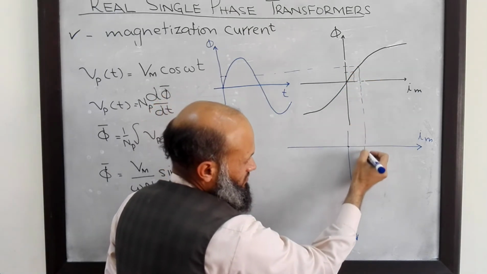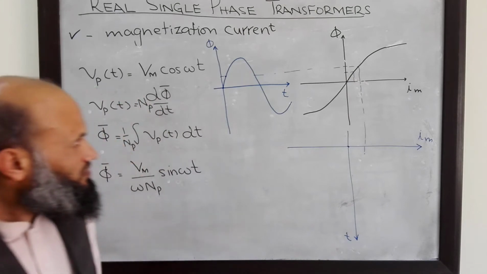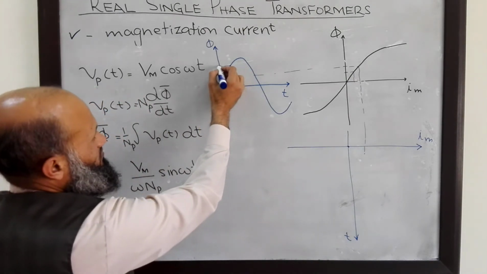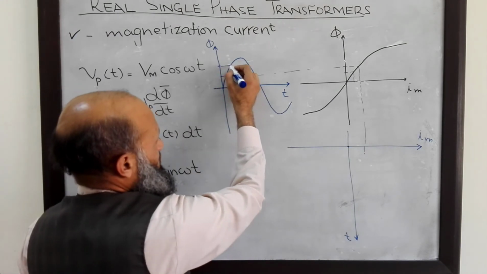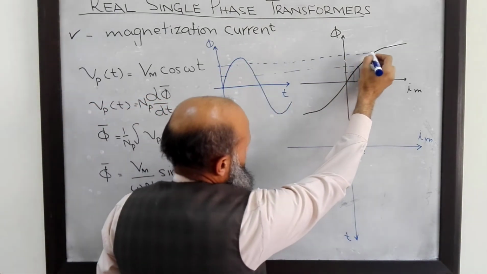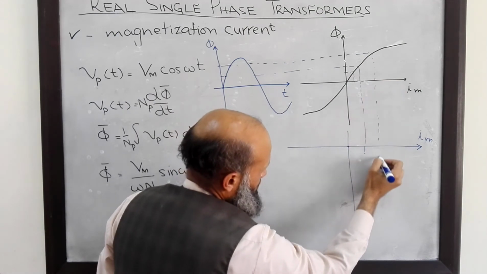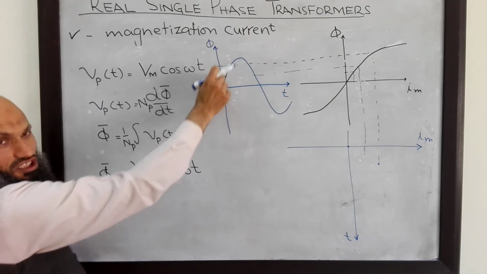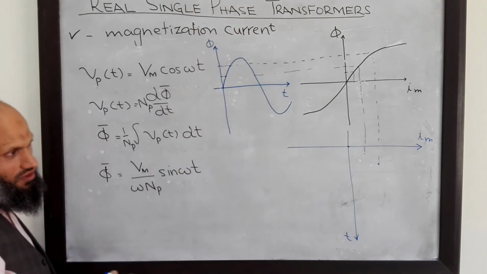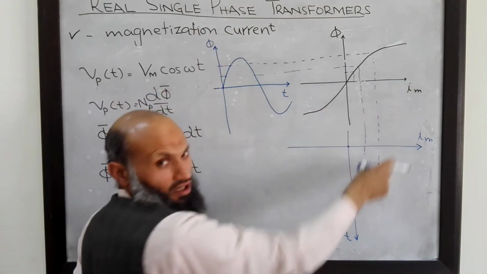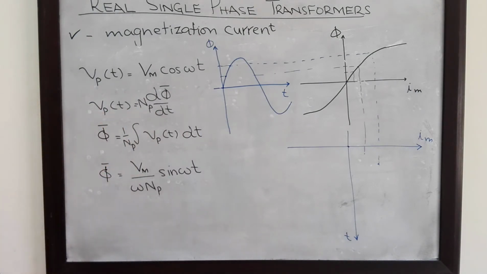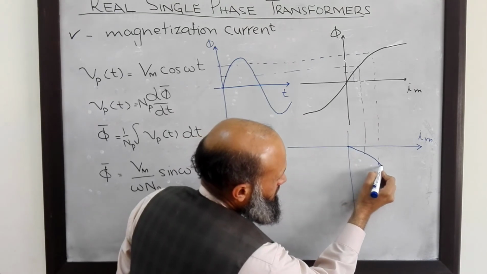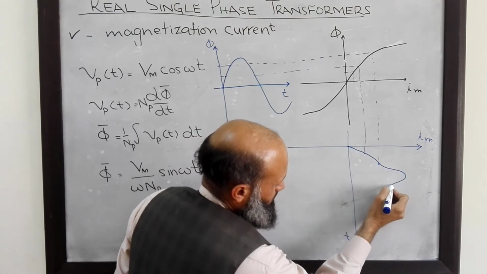So that is this one. Similarly, corresponding to this much flux, what is the magnetization current? This is the magnetization current. So what we can do is, corresponding to each point on this graph, we can locate the required amount of magnetization current. By joining all these points, we have this curve for the magnetization current.